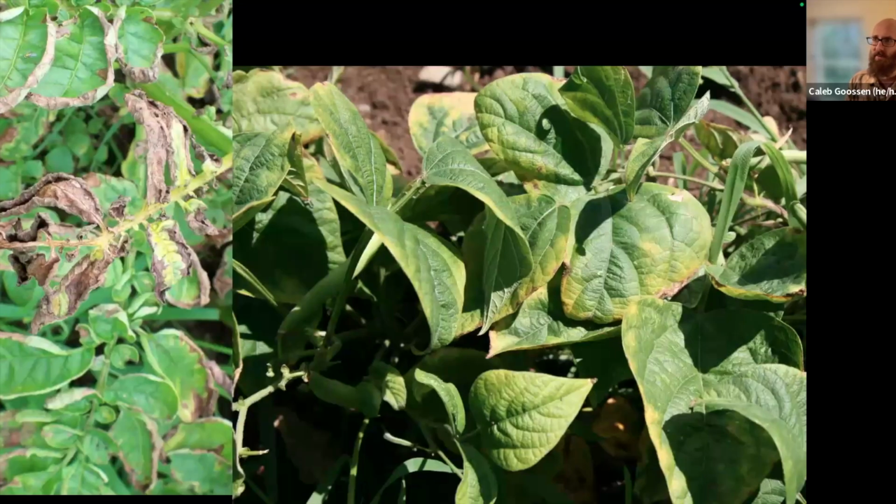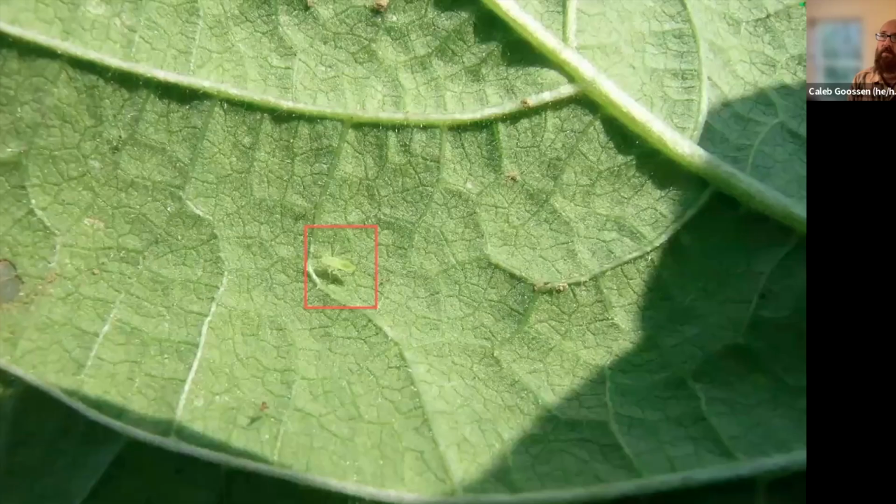How about this? Disease, what were we talking about? I see a crinkled brown potato leaf. I see beans with yellowing at the margins and maybe some browning. Not actually a disease. Not an abiotic disorder, though. This is leafhopper burn. So that's potato leafhopper.